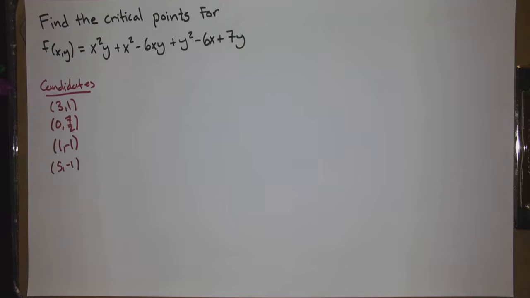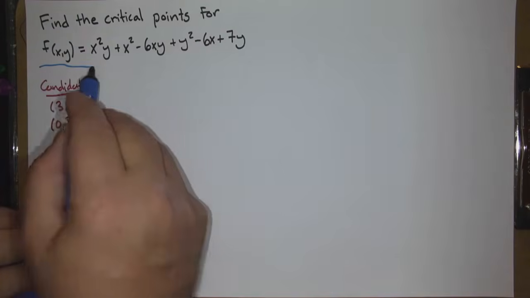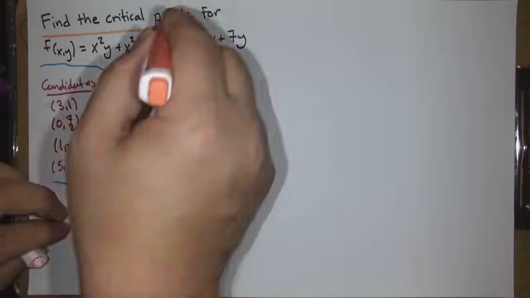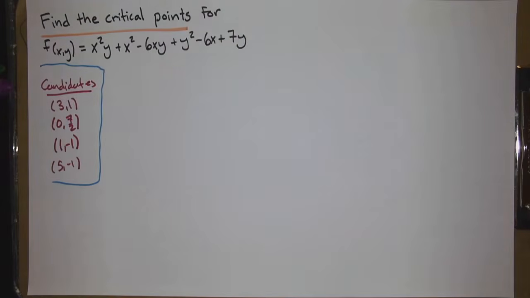Okay, well, let's find out. Now, there's some keywords here. The key phrase is find critical points. If we see find critical points, what are we going to do? Find the gradient.